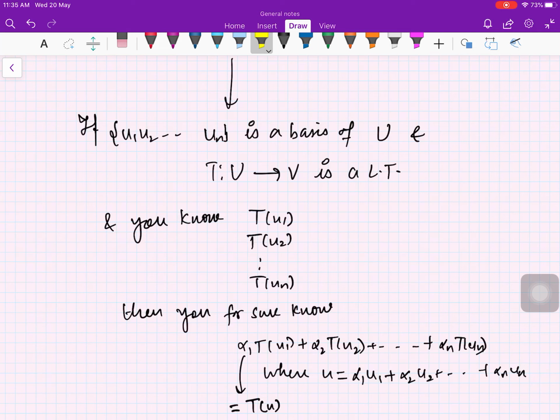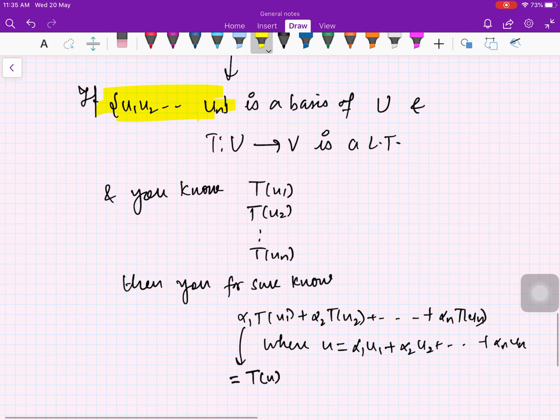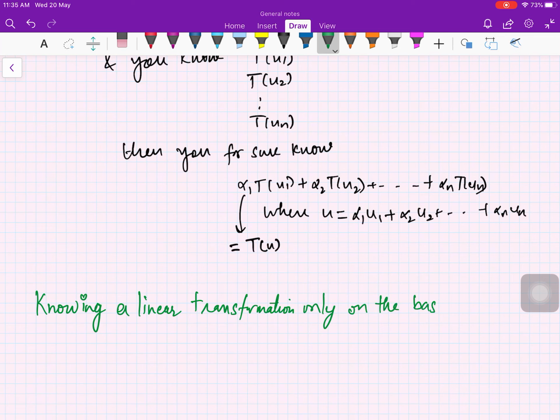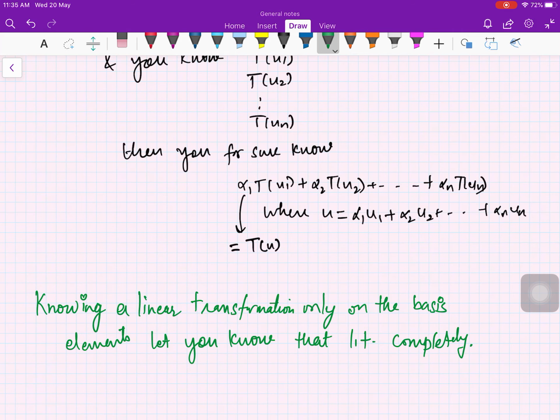It means that knowing a linear transformation only on the elements of the basis will let you know the linear transformation completely, right?